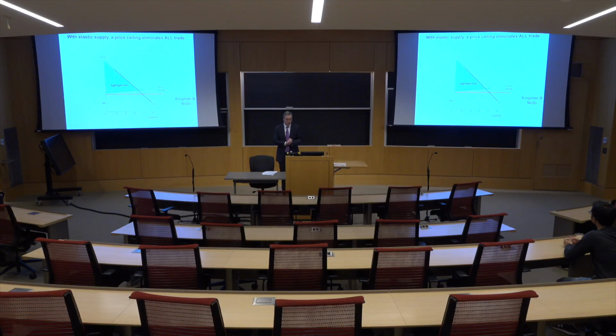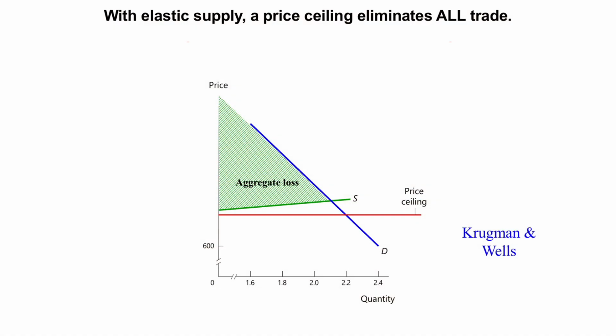Another prediction is that in markets with elastic supply, and there are a lot of applications where we think supply is pretty elastic, a price ceiling can wipe out the entire market. Even if it's not that far from the unregulated price, it can wipe out the entire market, despite the fact that that market was giving us lots of surplus.